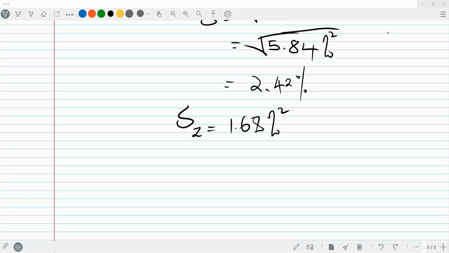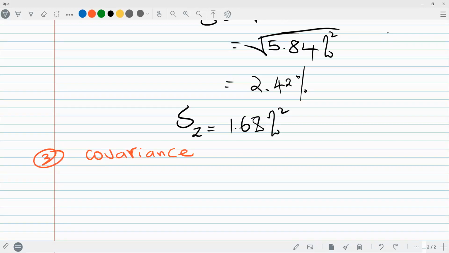So the next measure of risk, number 3, you can use the coefficient of covariance. Let's use covariance.